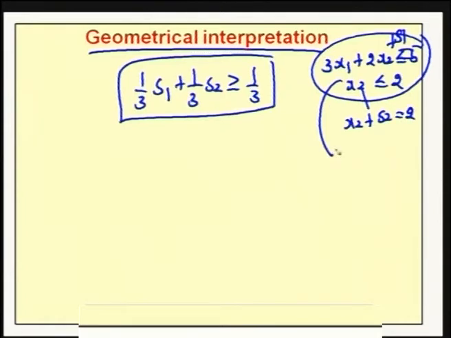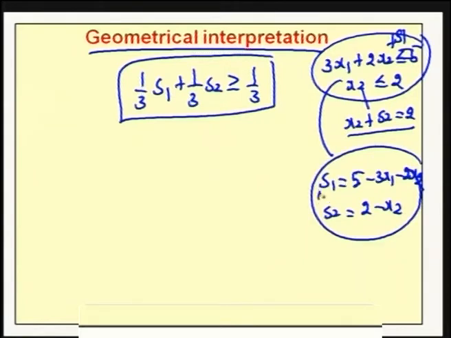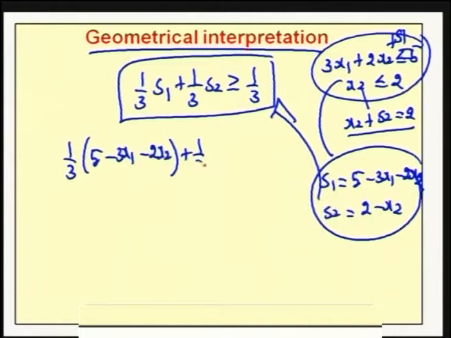So, s1 equals 5 minus 3x1 minus 2x2 and s2 equals 2 minus x2. Now, substituting these in the Gomorian constraint, it becomes 1 by 3 into (5 minus 3x1 minus 2x2) plus 1 by 3 into (2 minus x2) greater than or equal to 1 by 3.